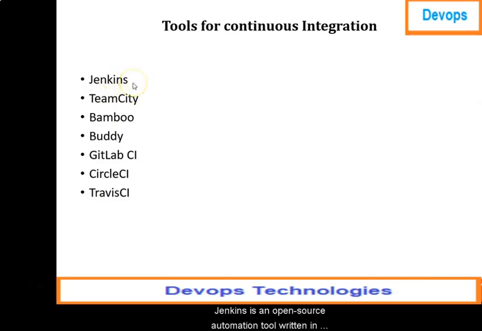Jenkins is an open source automation tool written in Java with plugins built for continuous integration. It basically allows the integration of various DevOps stages like continuous development, continuous testing, continuous integration itself, continuous deployment, and continuous monitoring. Continuous integration is part of the complete DevOps cycle, so all these stages of DevOps integrate through Jenkins.